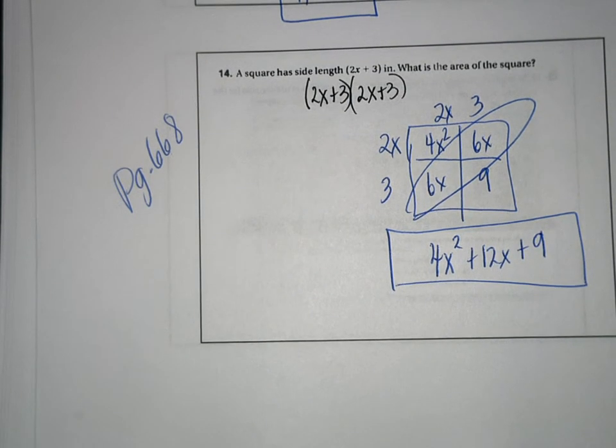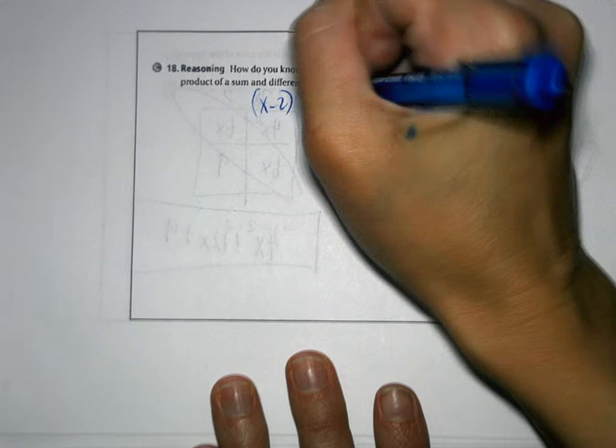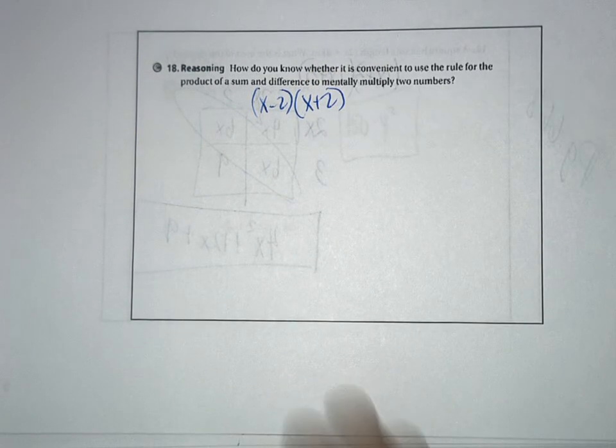Okay, last problem on page 668, number 18. In your groups, read this together and discuss it. How do you know whether it is convenient to use the rule for the product of sum and difference to mentally multiply two numbers? What they're talking about in sum and difference is like if you had x minus 2 and x plus 2. How do you know when it's okay to do that?